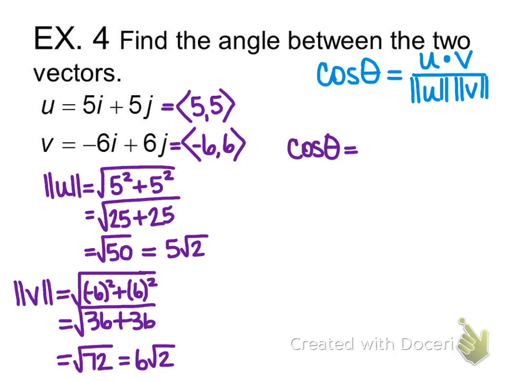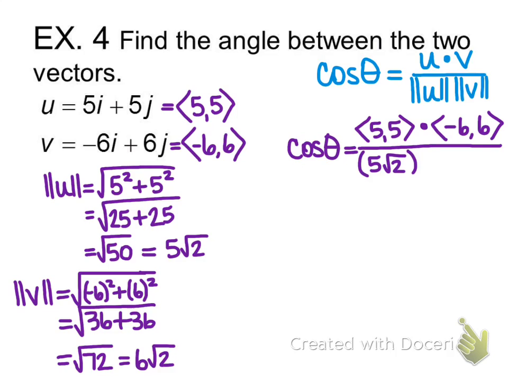Cosine theta equals u dotted with v divided by the magnitude of u times the magnitude of v. So on the top, when I do the dot product, 5 times negative 6 will be negative 30, and then 5 times 6 is 30.